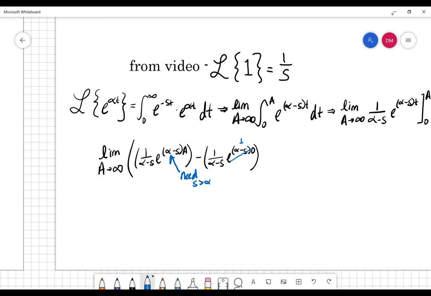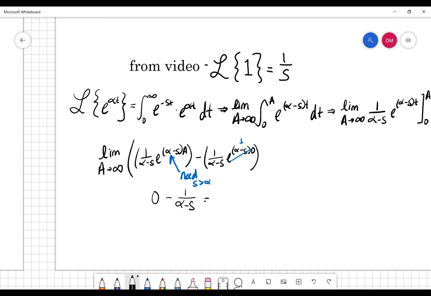And so as long as this is the case where s is greater than alpha, then my limit for this will in fact be 0. For this over here, we have 1 over alpha minus s left over, and there is no a, so we don't have to worry about evaluating a limit. It was really just this first term right here.